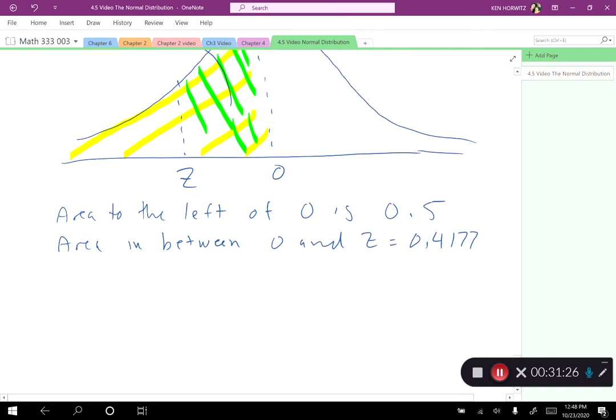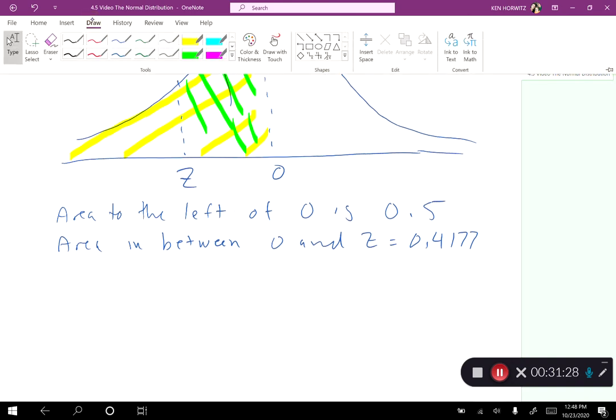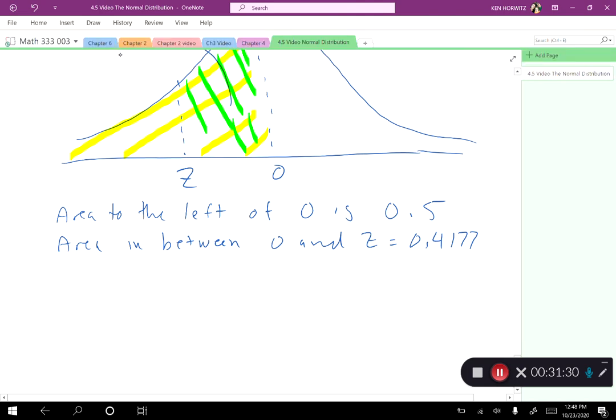So let's try that and see how it works. All right. So if I do 0.5 and I subtract 0.4177, I wind up with 0.0825.